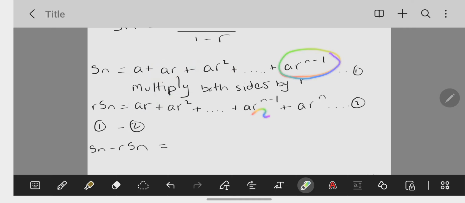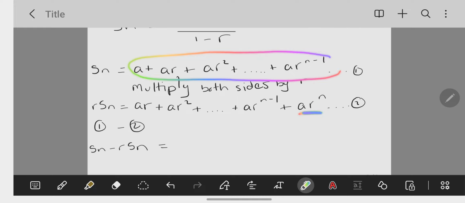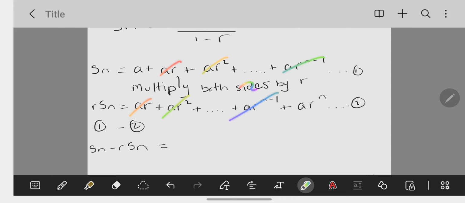I have ar to the n minus 1 here and ar to the n minus 1 there. So this term won't have a matching term in the series, and this term here does not have a matching term on the top one. So those will be the only two remaining terms. Everything else will cancel out as I'm subtracting, even everything in between. So therefore, I'll just have a left at the top minus what is left at the bottom.